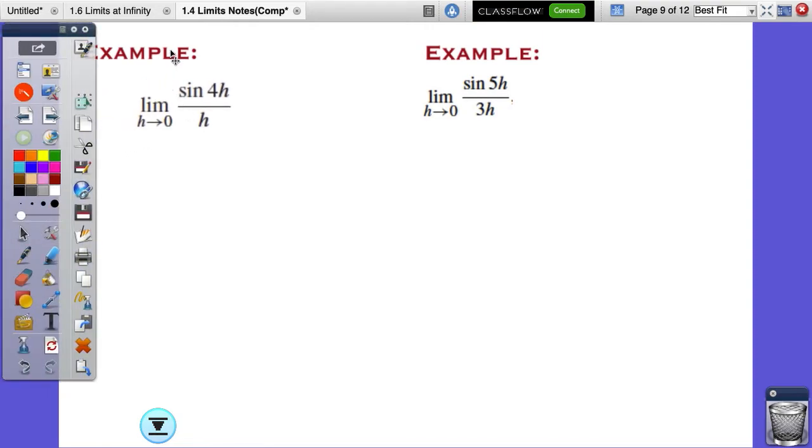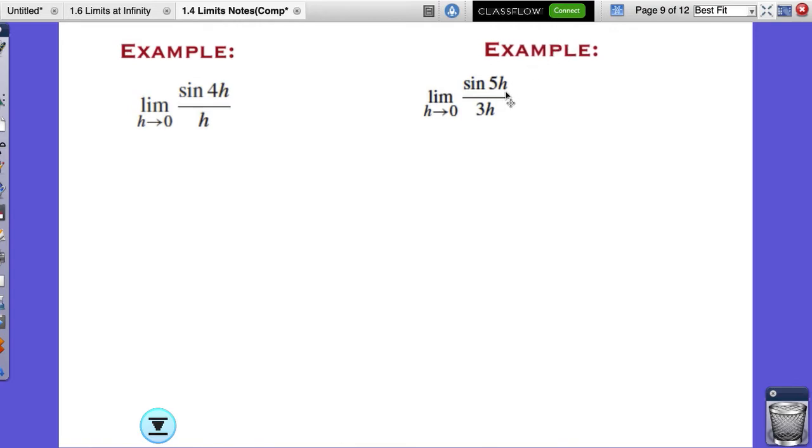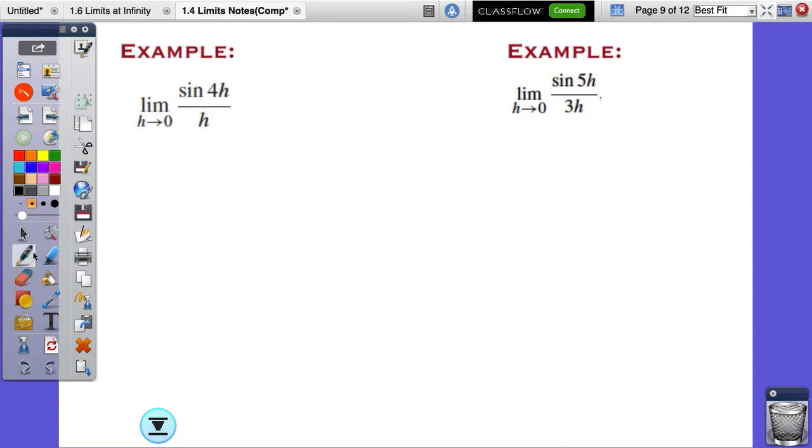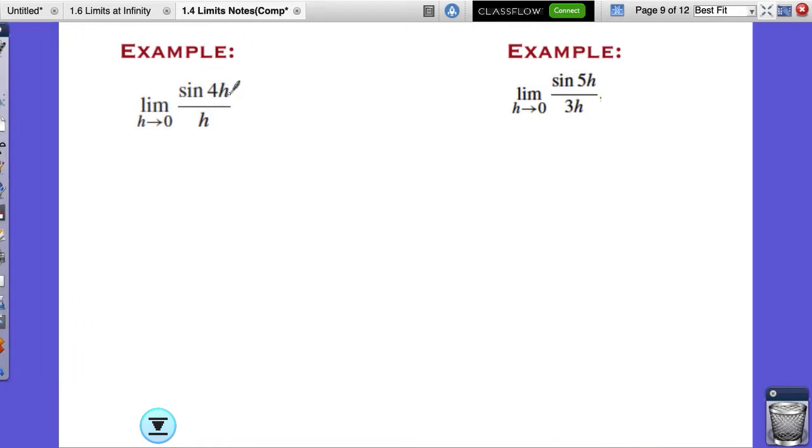All right, so let's look at this example here, the sine of 4h over h. If I want to find the limit of that as h approaches 0. Almost done here. From the previous page, I knew that if this was theta and this was theta, that answer is 1.